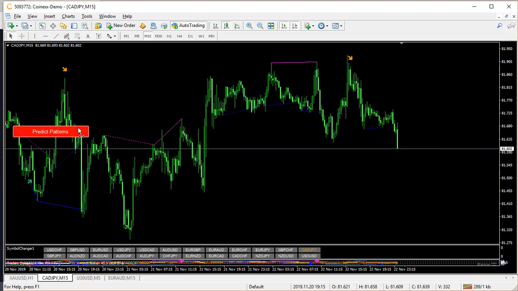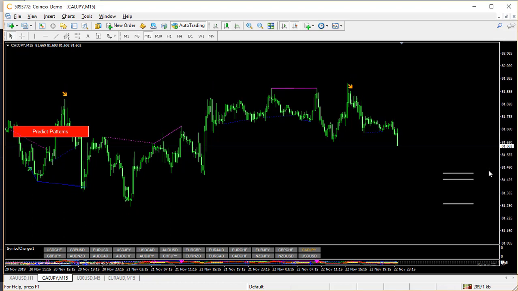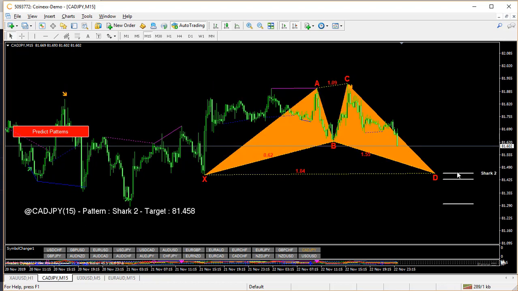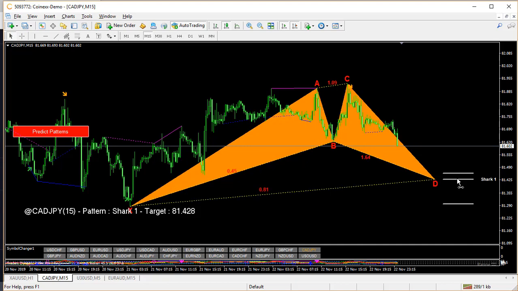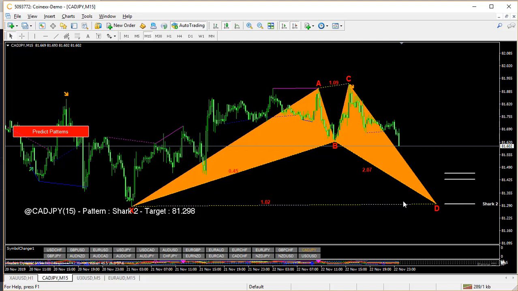Cat JPY. There's three potential patterns. We have a shark, a deeper shark, and another shark. So I'm gonna skip to the next one.